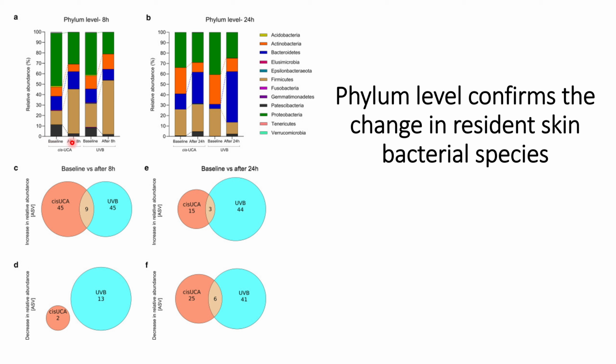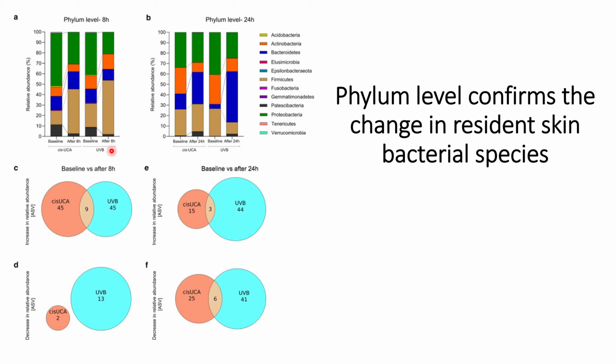However, after 8 hours, when they analyze this 16S rRNA data, they see an increase in firmicutes and a relative decrease in the actinobacteria and proteobacteria. This is for the mice that are treated with cis-UCA.